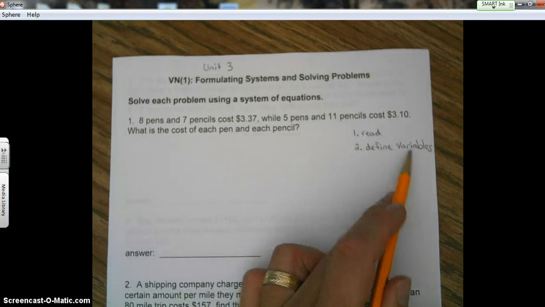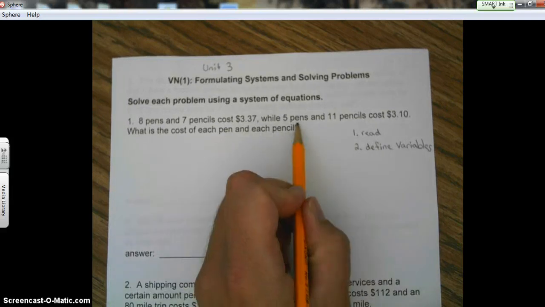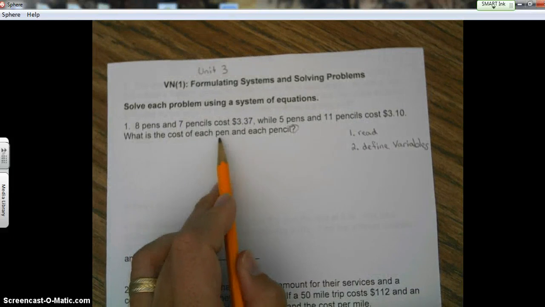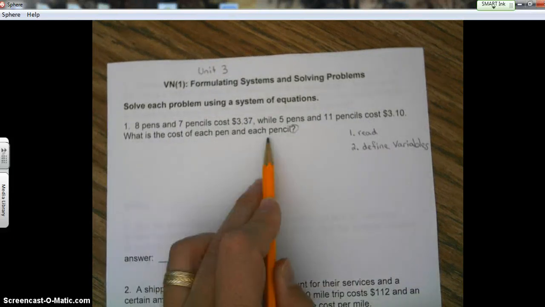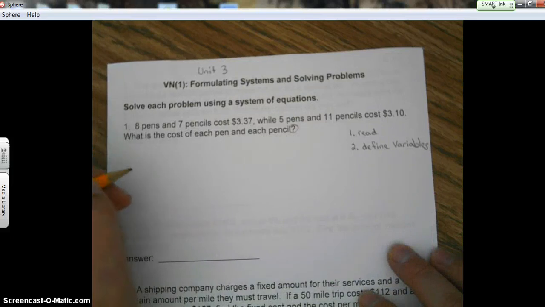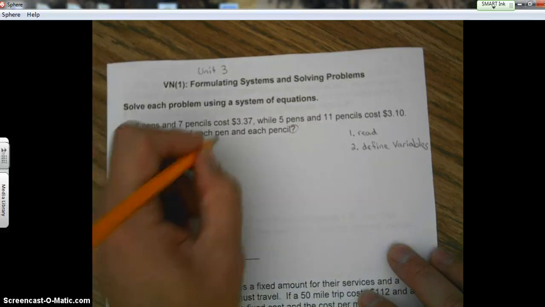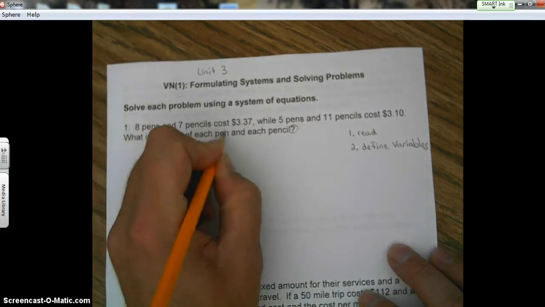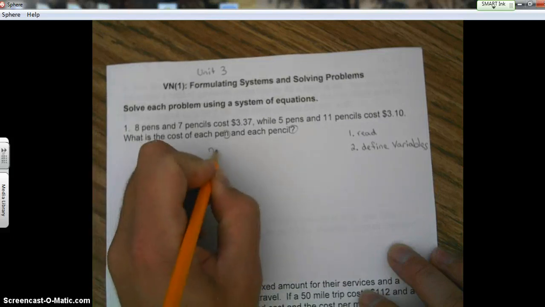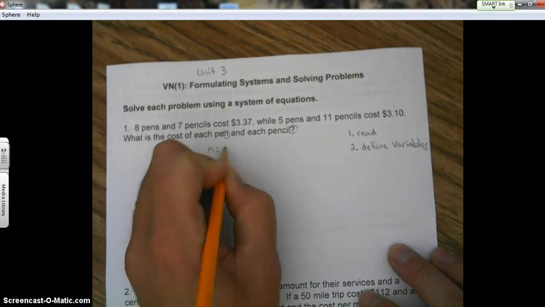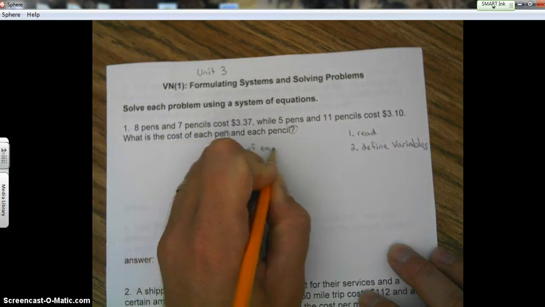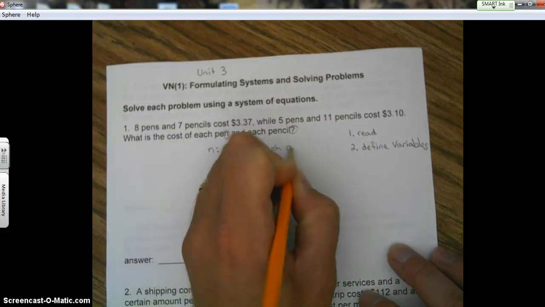So defining the variables, you're looking for the question. We're looking for the cost of each pen and the cost of each pencil, so we're going to need a variable for each. Let's use N for the cost of each pen.